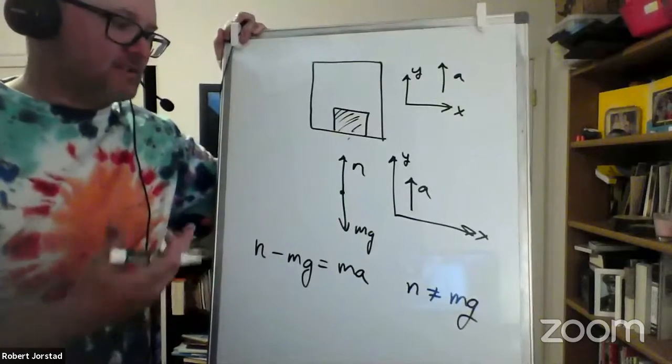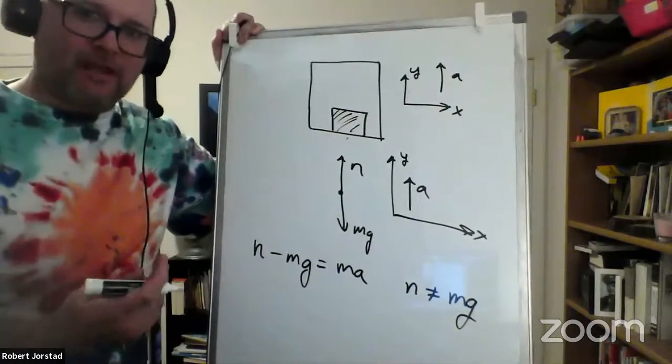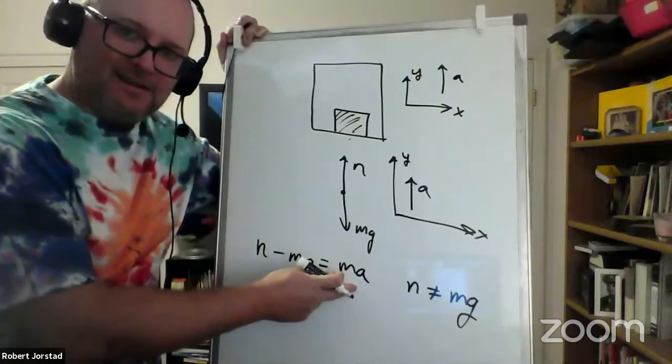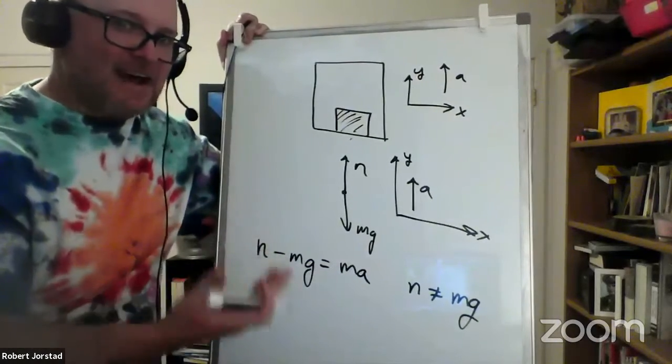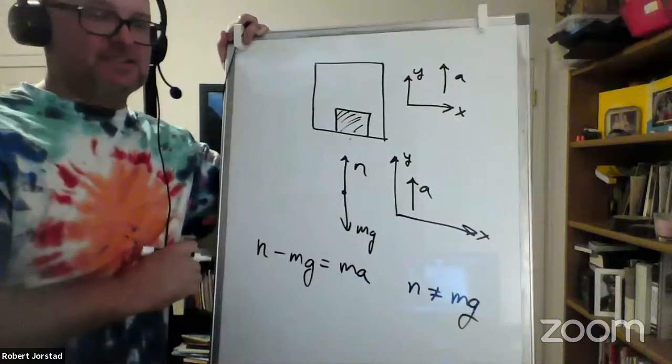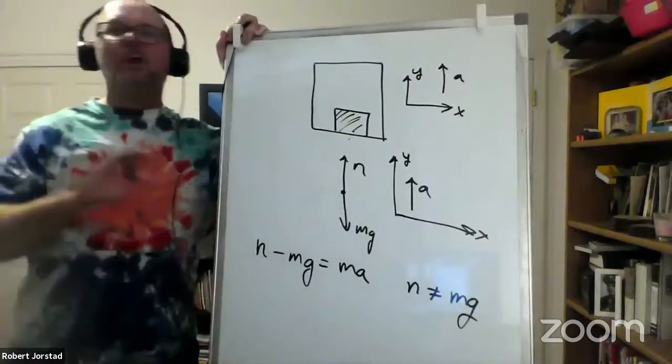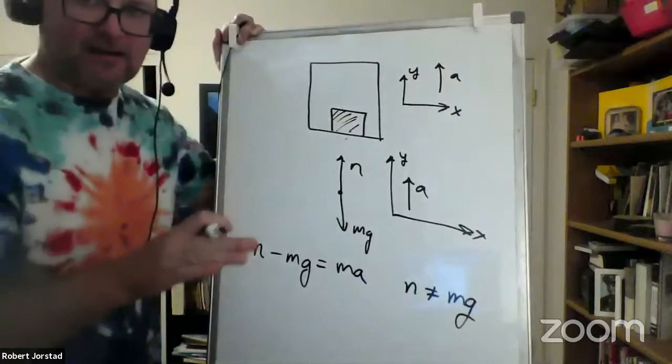And so this is a way maybe that will help you remember it. Just because N equals mg when a equals 0, most of the time N is not even equal to mg. So most of the time, the normal force isn't even equal in magnitude. There's no way it could be an action-reaction pair.